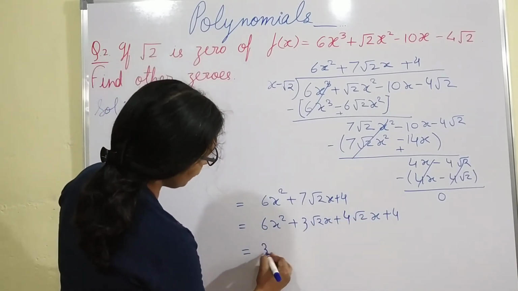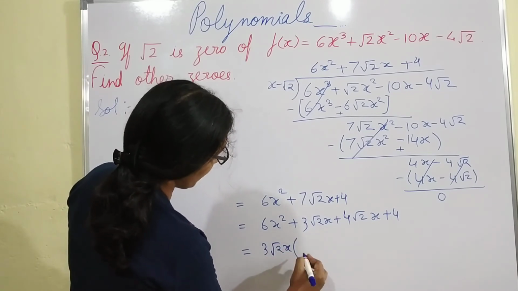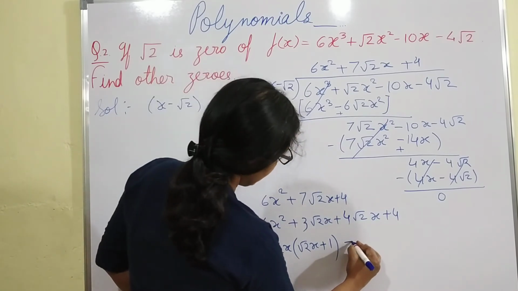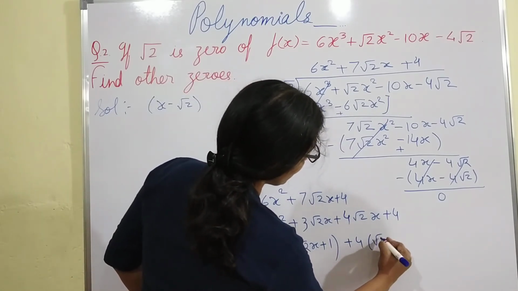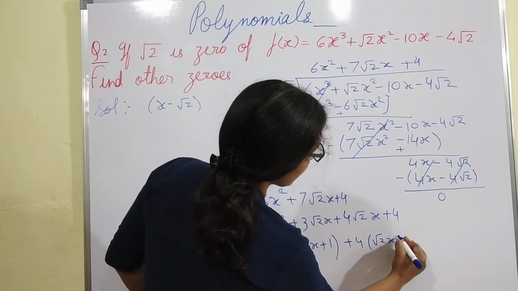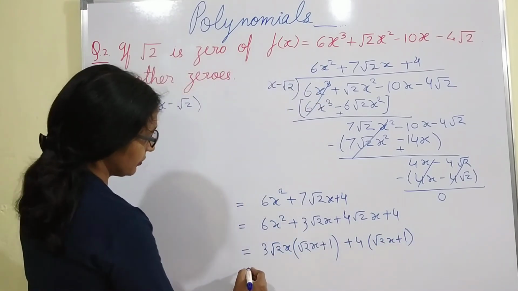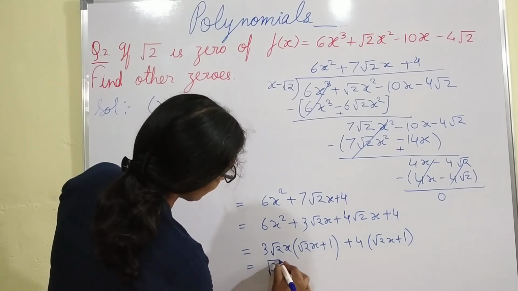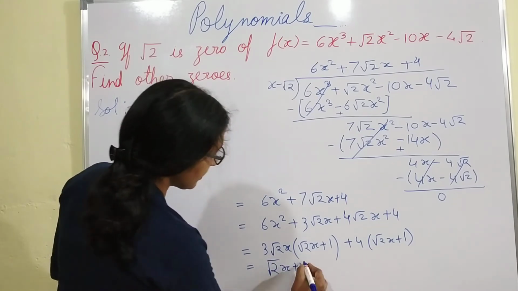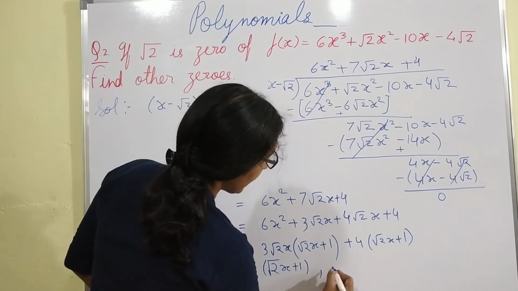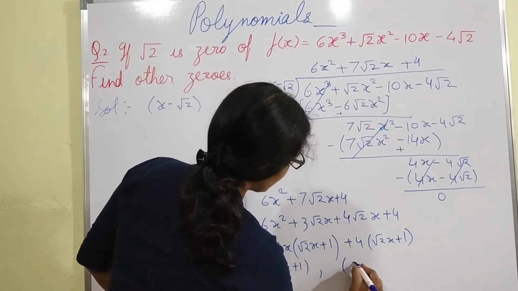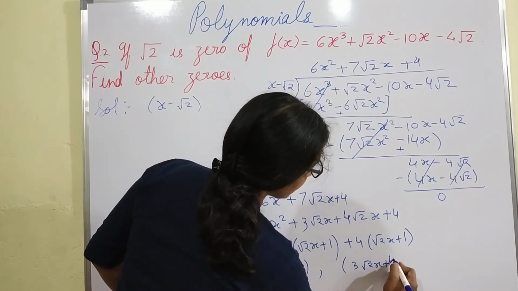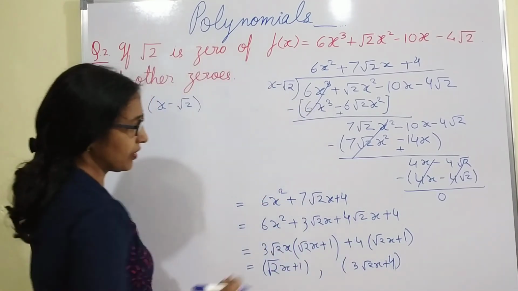So 3 root 2 x is common, giving root 2 x plus 1, and 4 is common, giving root 2 x plus 1. So the factors are root 2 x plus 1 and 3 root 2 x plus 4. These two are factors.